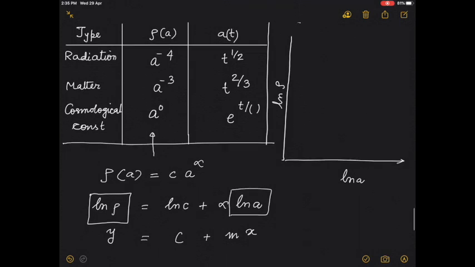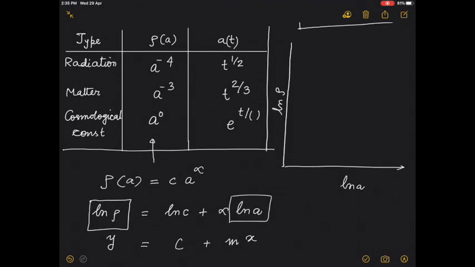So it looks like a log plot, it looks like a straight line. And how will these look? Well, the first one comes with minus 4. First of all, you realize that we are plotting ln of a is 0 somewhere here, right? That's present. Because a equals to 1 at present, ln of a is somewhere here at present.